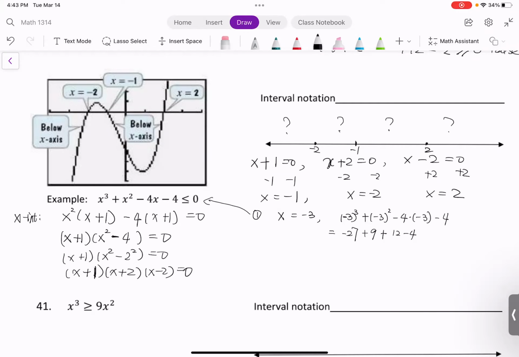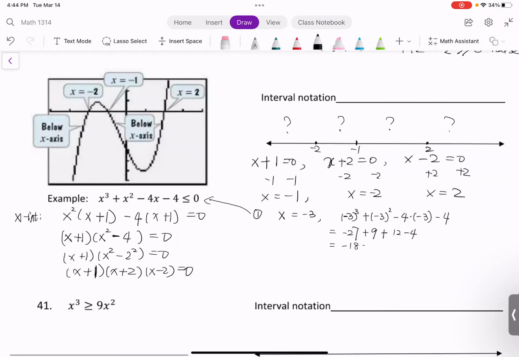What is that? That is -18 plus 12 minus 4. It must be negative, because negative, more negative, plus 12 is still negative. Yes, it is less than or equal to 0. Yes, you can also put it in.